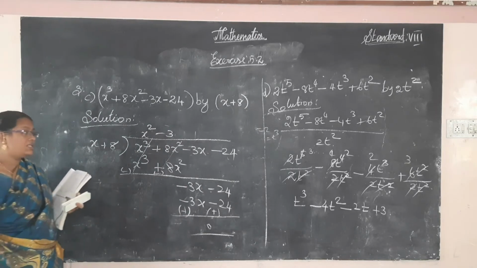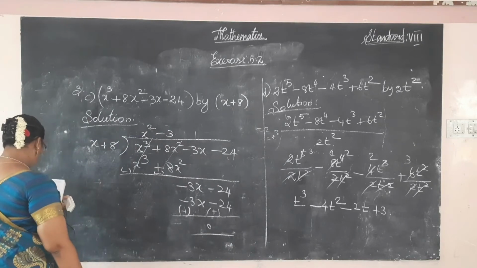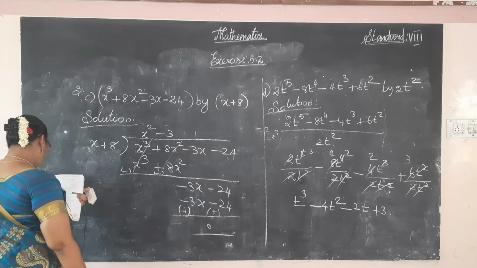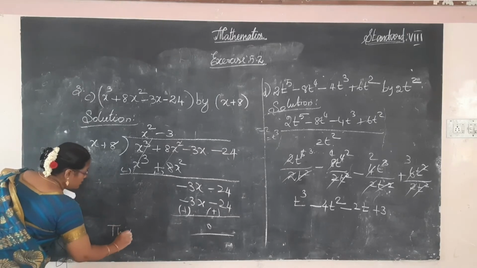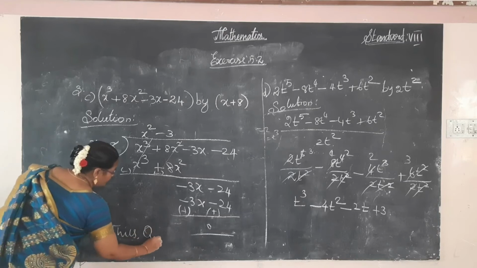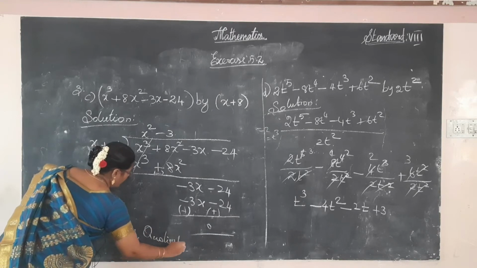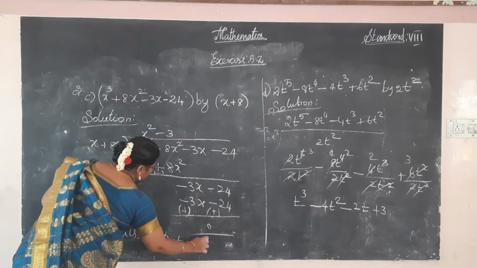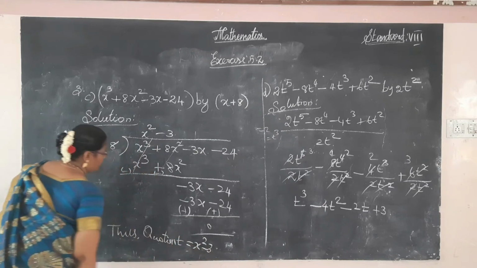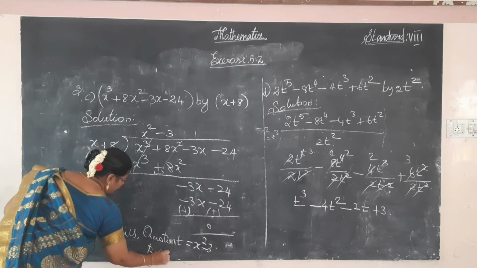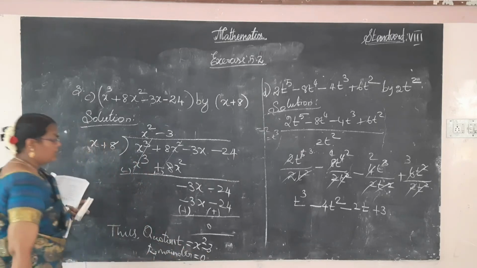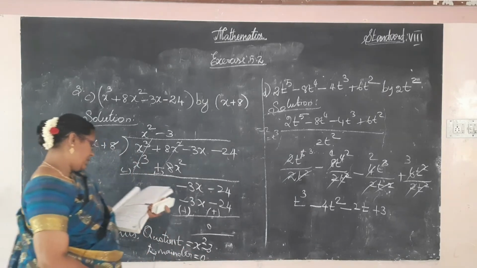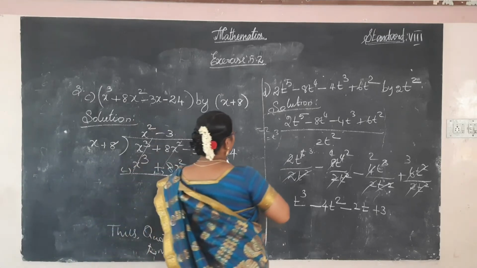The remainder is 0. So the quotient is equal to x squared minus 3. Remainder is equal to 0. And next one, D problem.